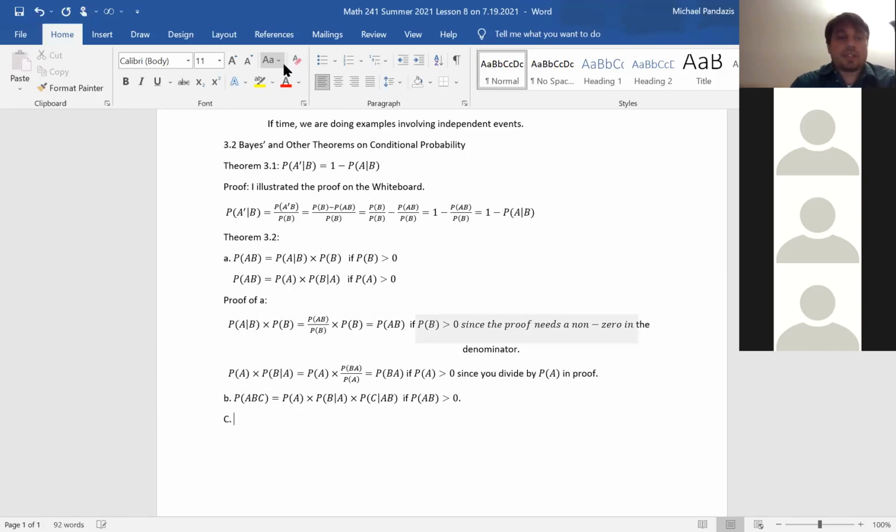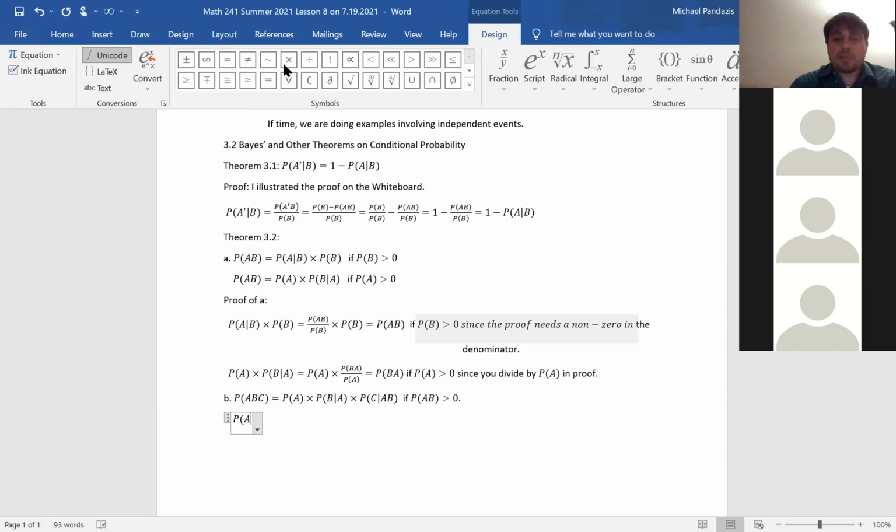And then part C, you have the probability of A1, A2, A3, and so on up to An, the intersection of all those n events.